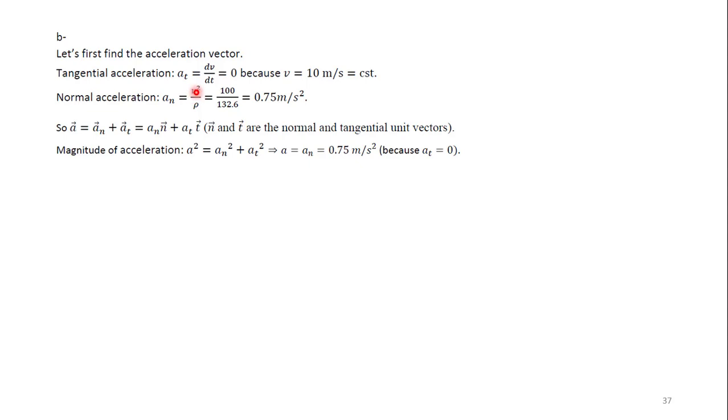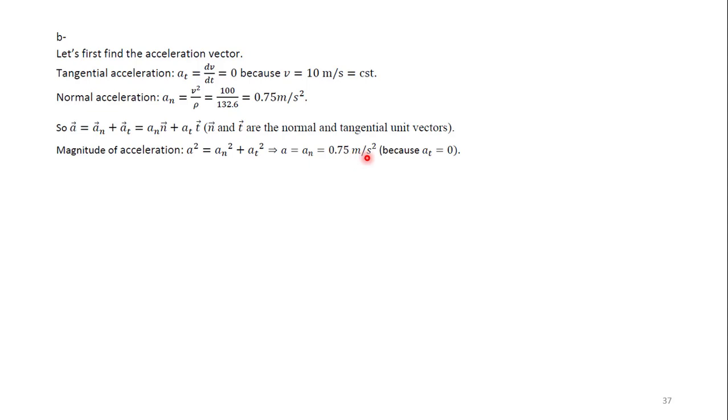We have v at point A, a constant speed, and we have just calculated the radius of curvature, so finally an is equal to 0.75 meters per second squared. So again, a is equal to an plus at, where at is 0 because of the constant speed, then a will be equal to an, which is 0.75 meters per second squared.